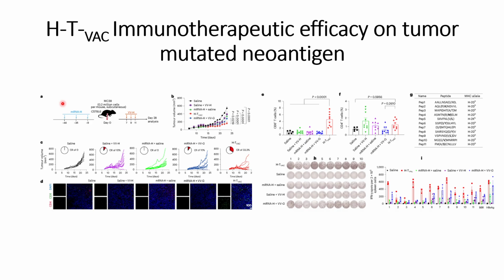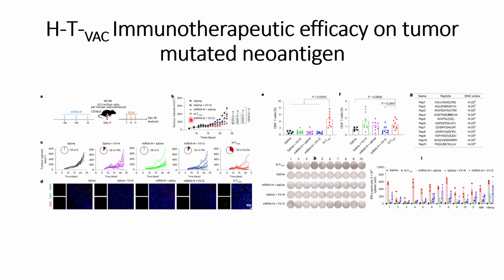For the control, they used mRNA-H, before injecting the tumor cells into the mouse model, that is C57BL6, and thereafter they used VVH to express the hepatitis B antigens on the MC38 cells. Along with that, they also checked for these tumor mutated neoantigens, and we will discuss what the different neoantigens are that they have tested. First, let's just see the results.